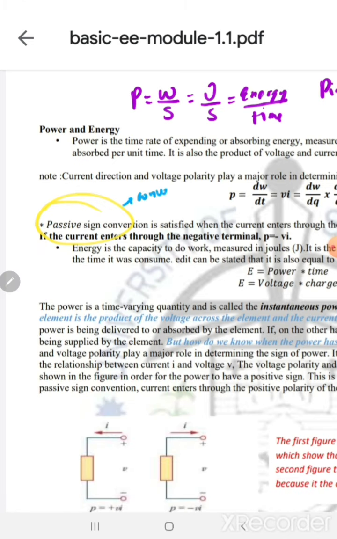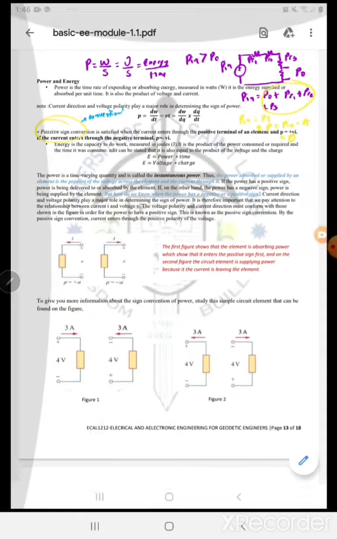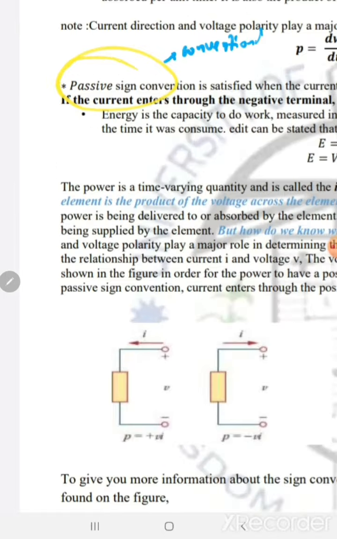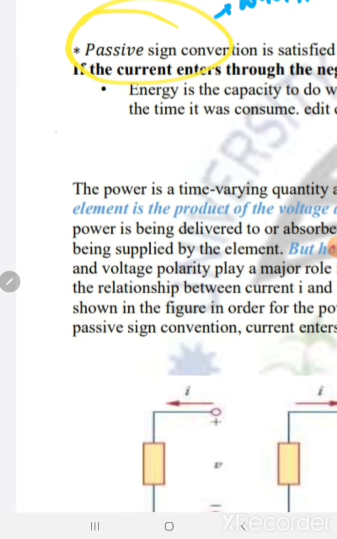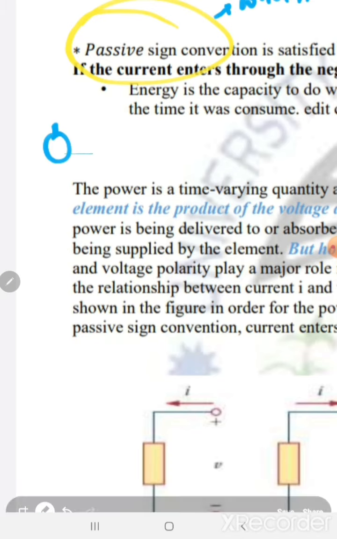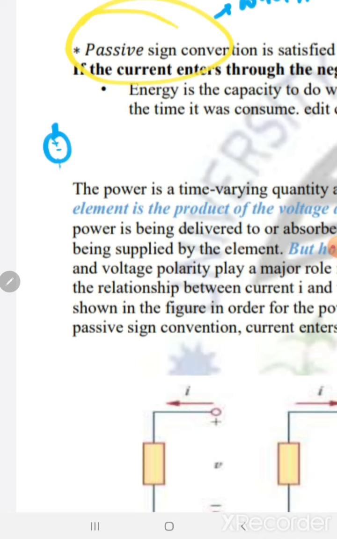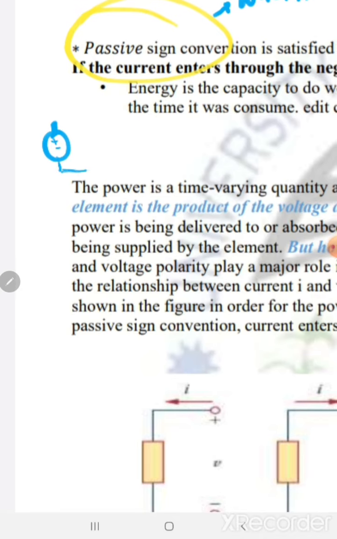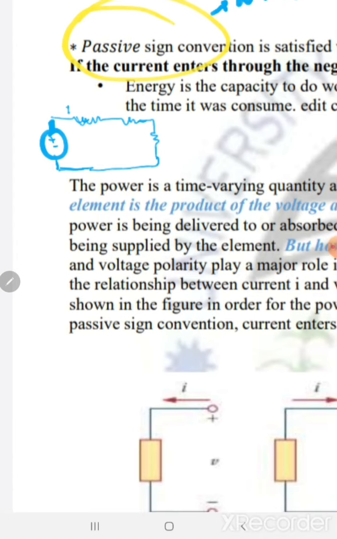Which means that if you have a circuit, let's say positive and negative circuit, let's assume that all resistors, all passive elements, if there is no sign convention, we will assume that these are all positive.